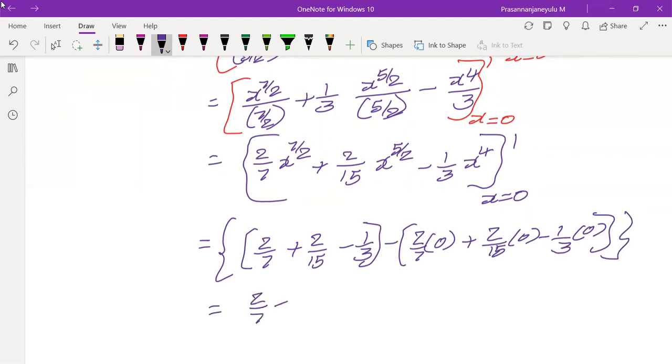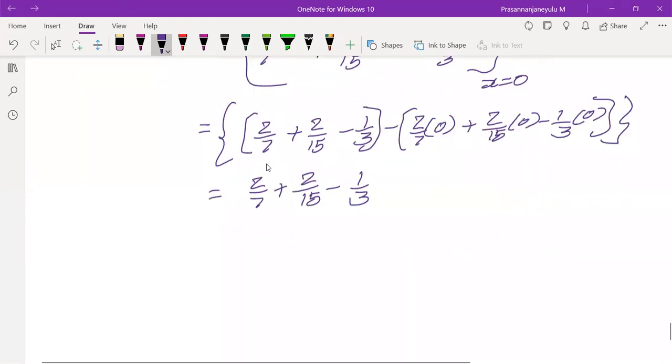So if we do simplification, what will we get? 2 by 7 plus 2 by 15 minus 1 by 3. You can do the simplification. What is the LCM? It is better to use your calculator and you will get a fraction. Just check using your calculator what you are getting.